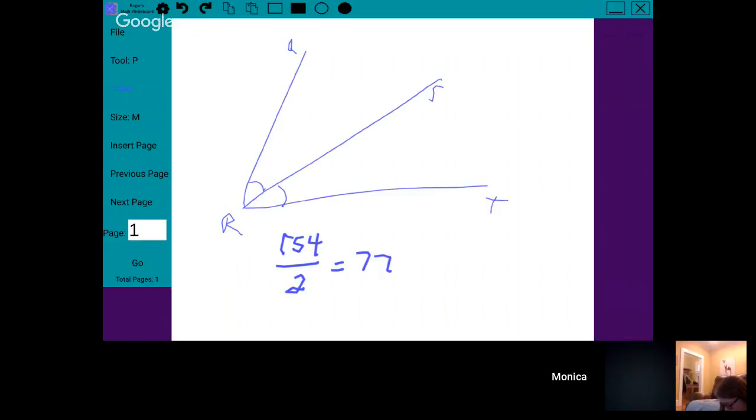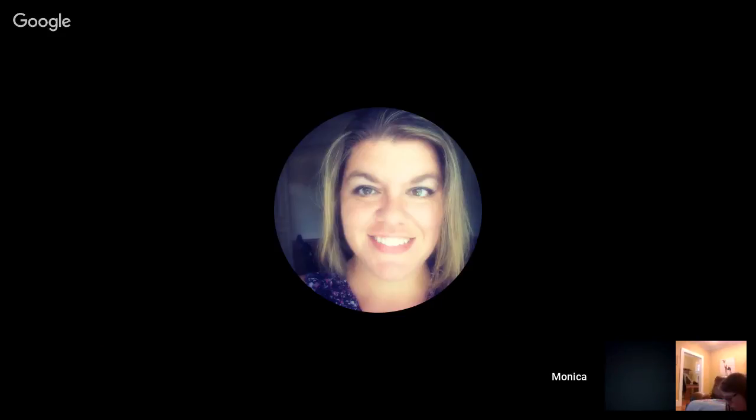So the angle would be 77 degrees. Does that make sense? Yes. So that's the vocabulary, and knowing that a bisector divides it evenly in half is what's going to help you.